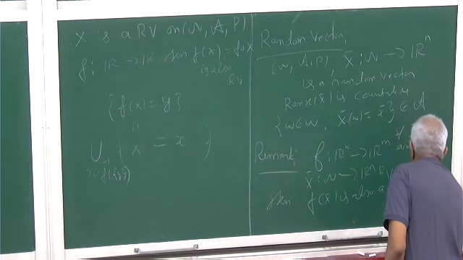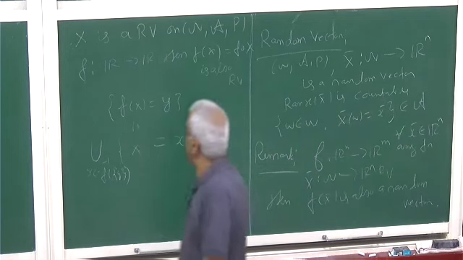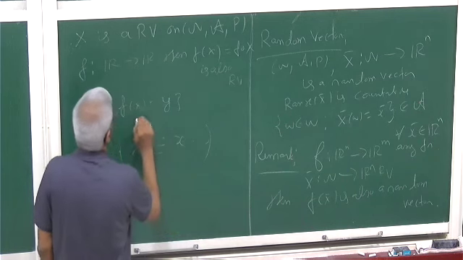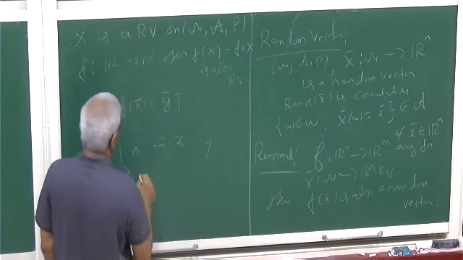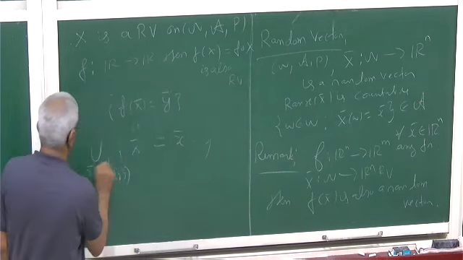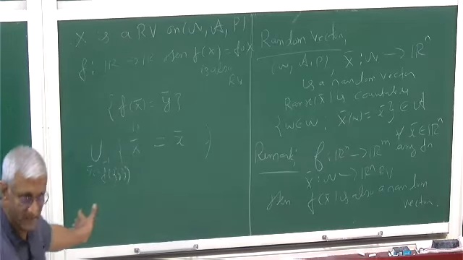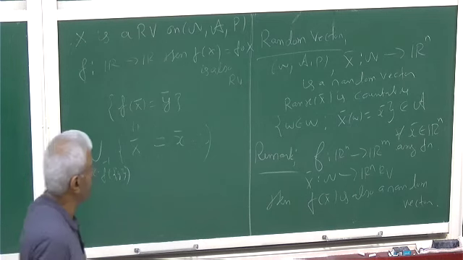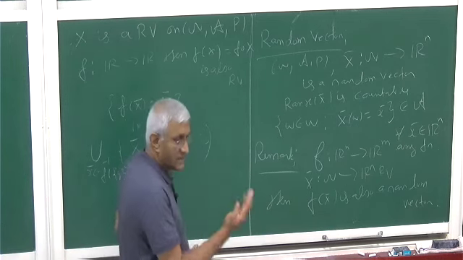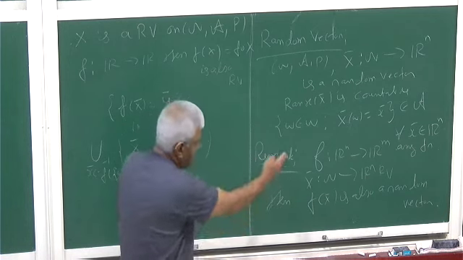The same proof will work, except that you have to take f of X bar equal to some y bar, then X bar equal to x bar such that x bar is in f inverse of y bar. So you can talk about a function of a random vector. The function can be any function.